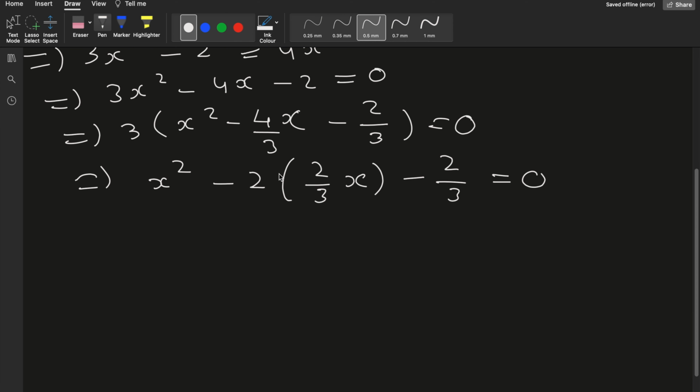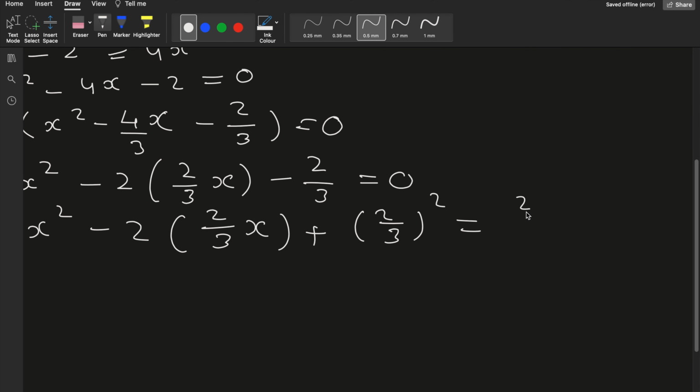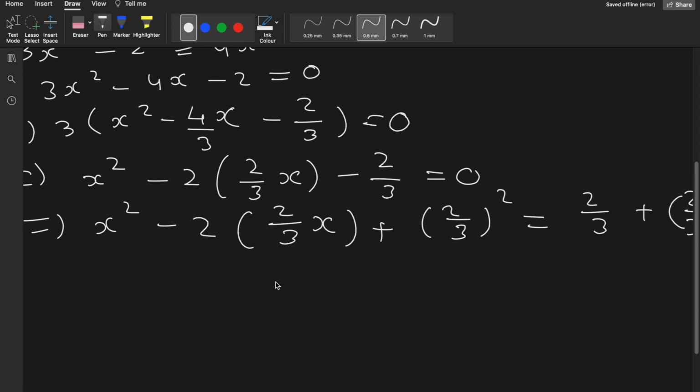And now let's take the square of this 2 divided by 3 to both sides, and let's transpose this to this side at the same time. So implies x squared minus 2 into 2 divided by 3 x plus (2 divided by 3) whole squared equals 2 divided by 3 plus (2 divided by 3) whole squared.